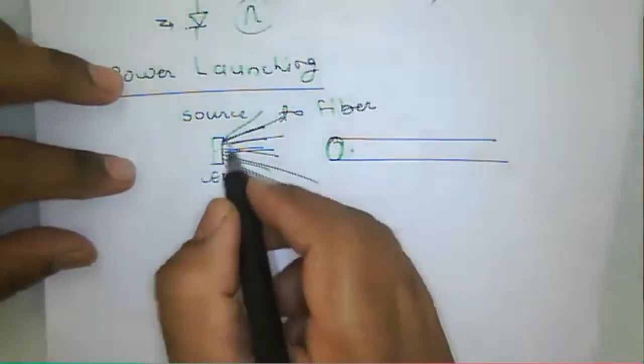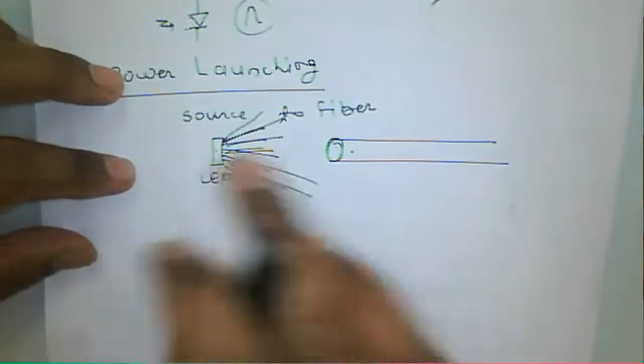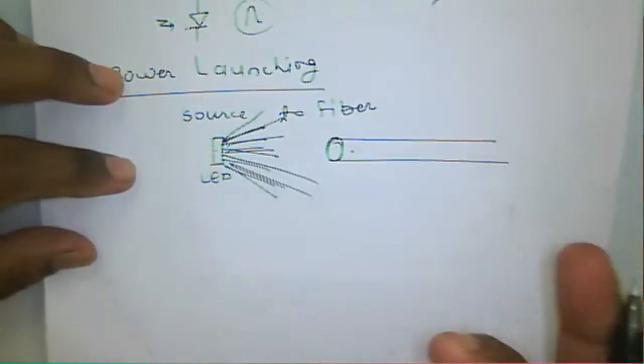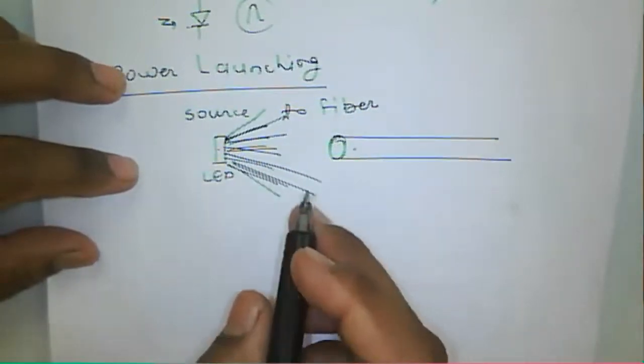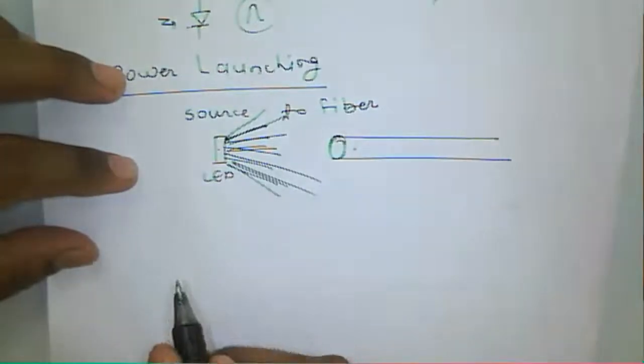That's why we need to know about the emission pattern. We have seen that the surface emitter and edge emitter have the highest intensity in one direction.